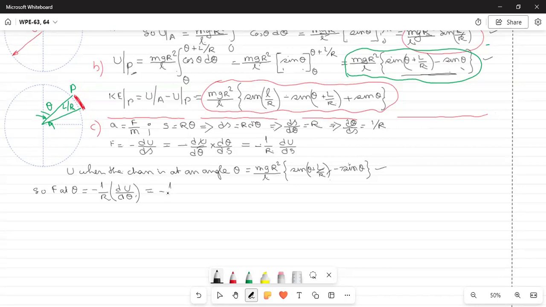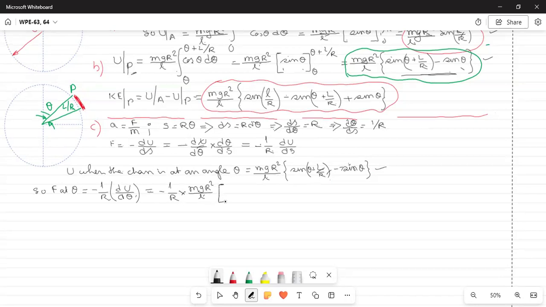Minus 1 by r multiplied by m g r square by L, and differentiate this with respect to theta.